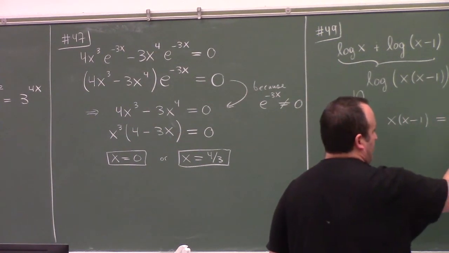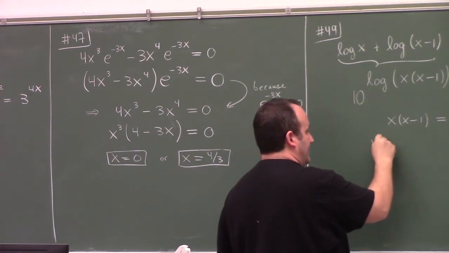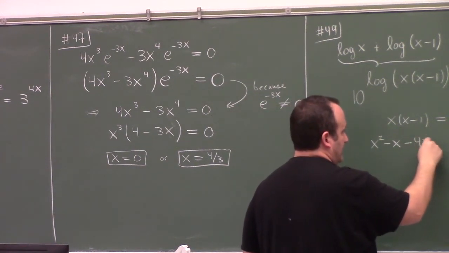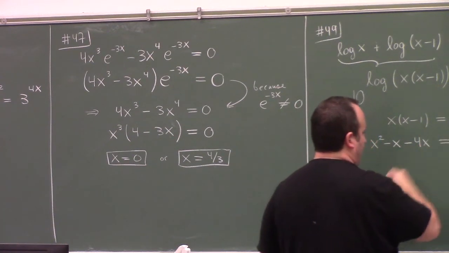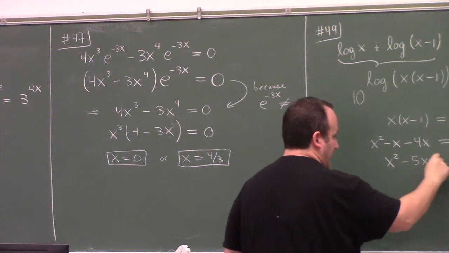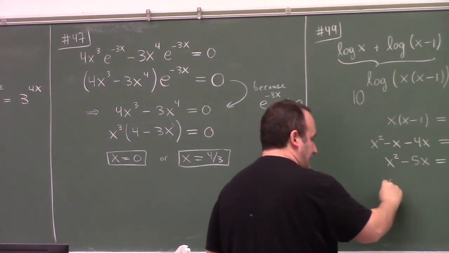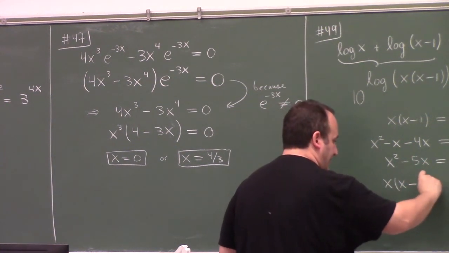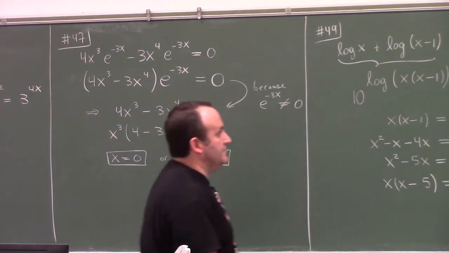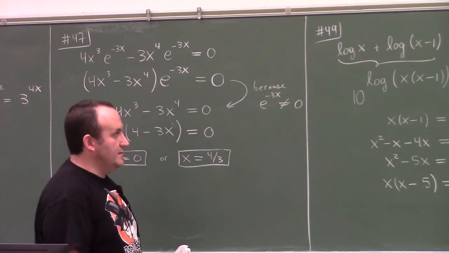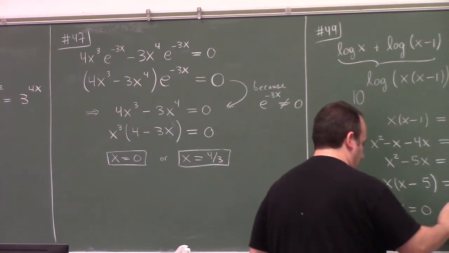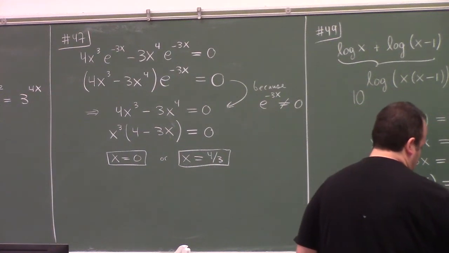Now at this point, I'll do what Jared said: x squared minus x minus 4x equals 0, which of course is x squared minus 5x equals 0, which is x times x minus 5 equal to 0. Yeah, so x equals 0 and x equals 5.